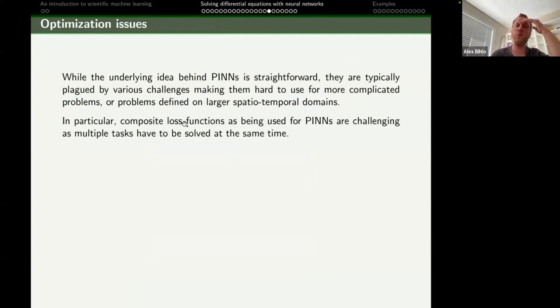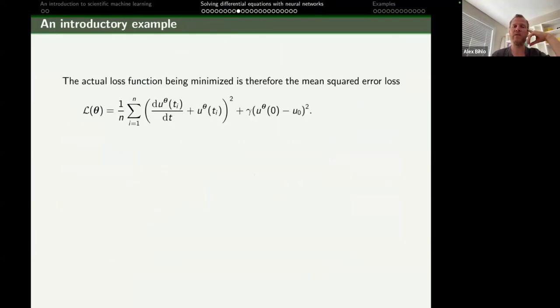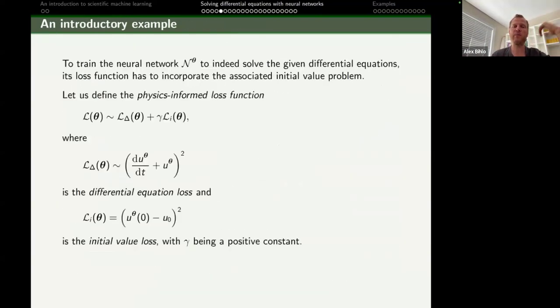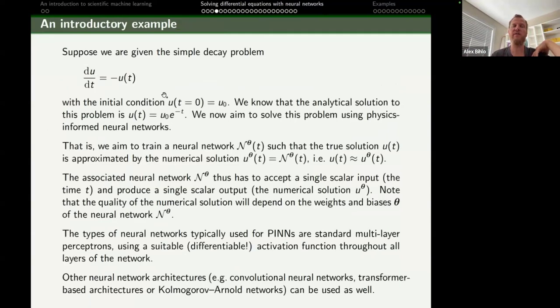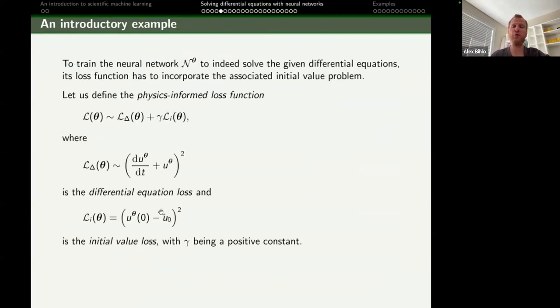And also, the one thing that I really want to drive home is going back to the beginning. In the beginning, I showed we have our initial value problem. We have 2 conditions: an initial condition and a differential equation. And then technically we have 2 losses: one loss, which is this one here, and a second loss, which is this one here.